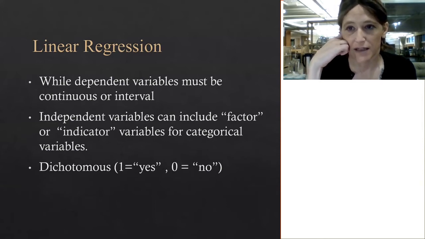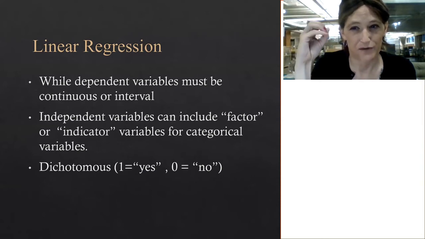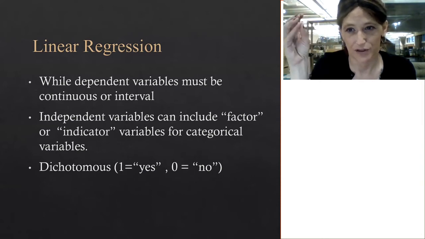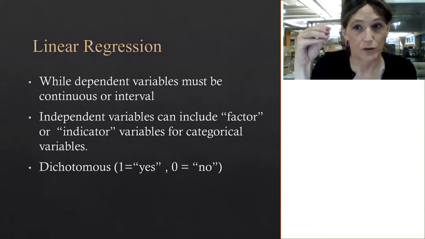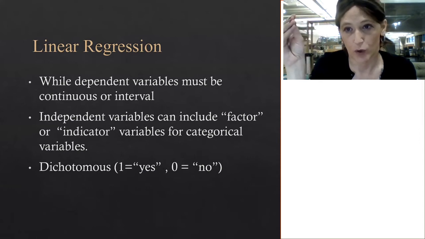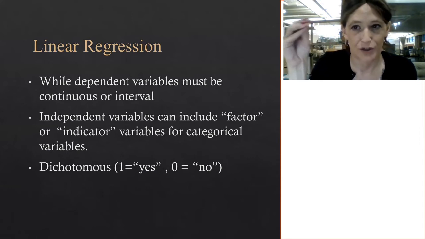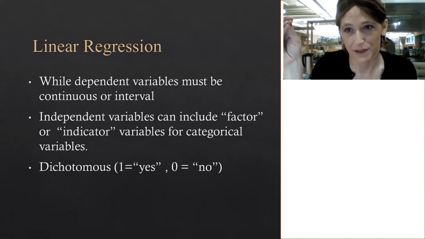A dichotomous variable has a value of 1 and a value of 0 for yes versus no. So when we set up a model, it would be like going from the value 0 to the value 1, or a 1-unit increase in the dichotomous measure.